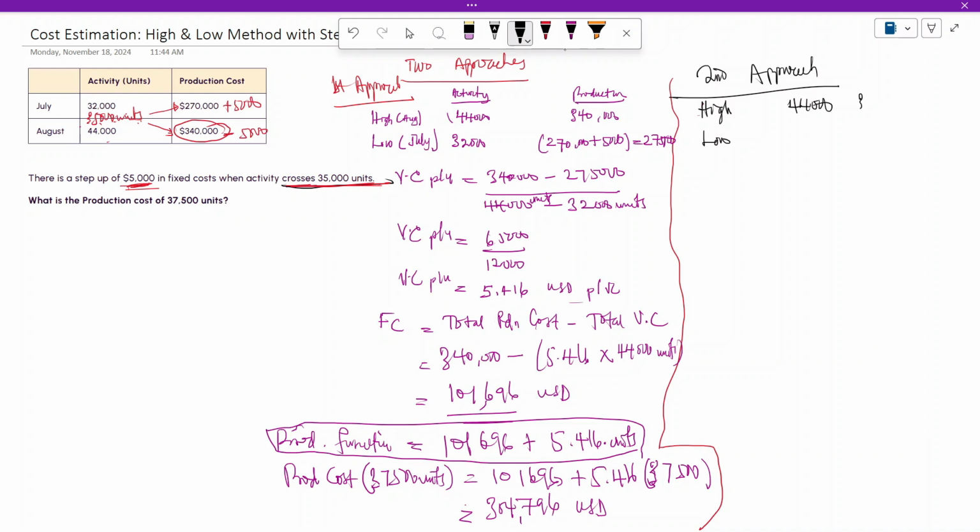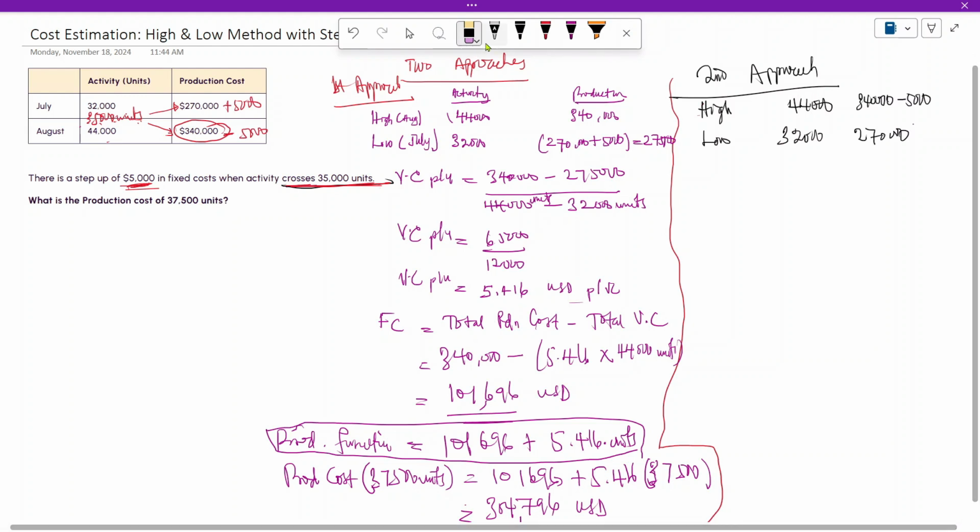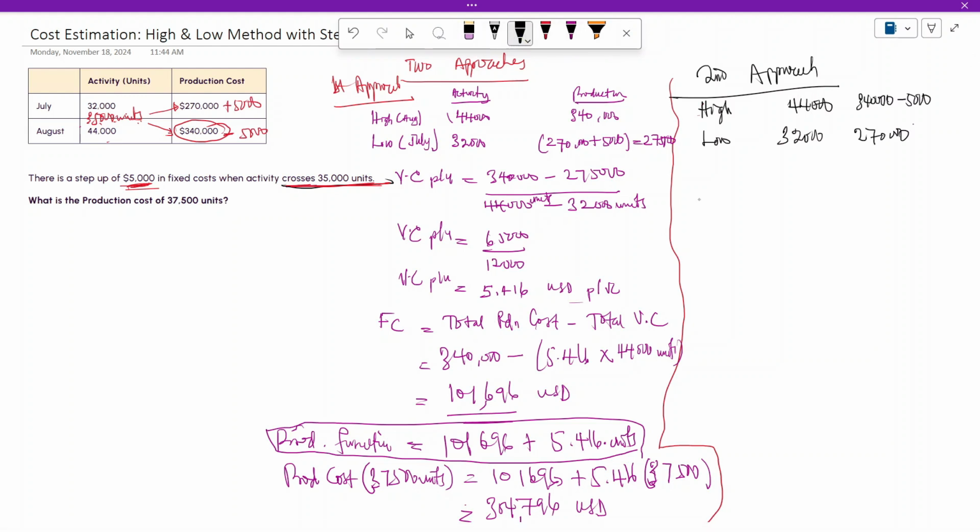So 340,000 minus 5,000. Then we go to the lowest level, which is 32,000 units with 270,000.